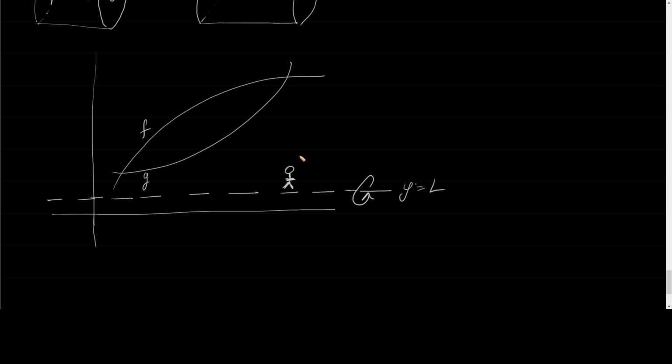Now, relative to our axis of rotation, we've got an outer radius and an inner radius. If I set up this representative rectangle, this distance is my outer radius, and this distance is my inner radius.